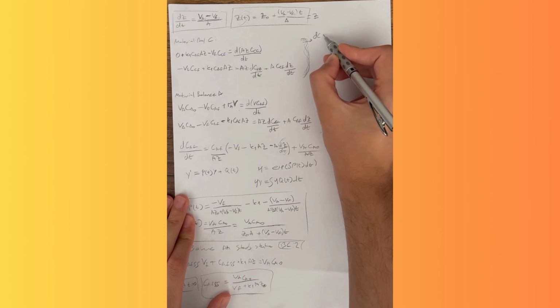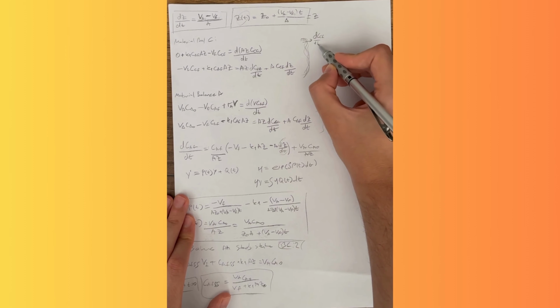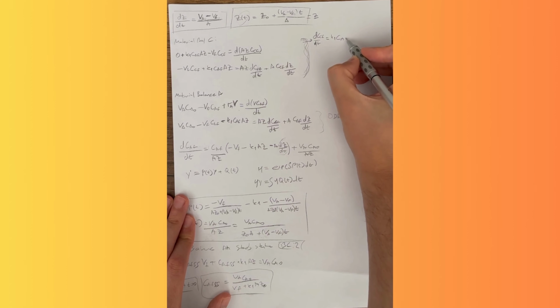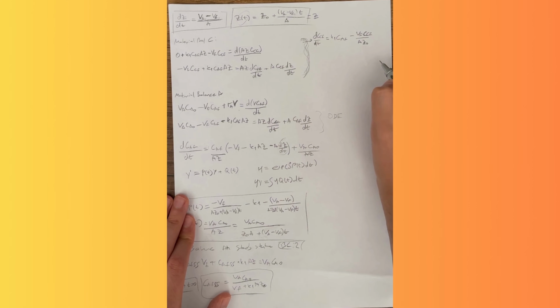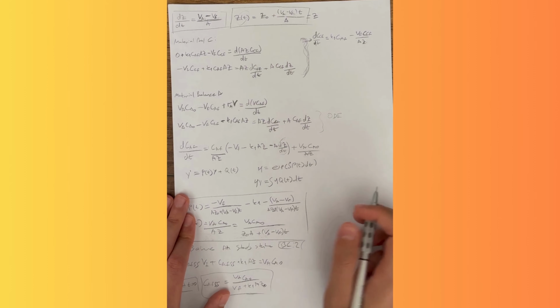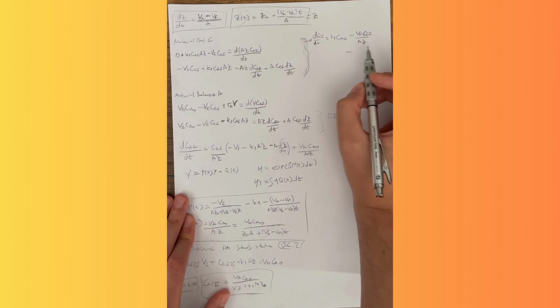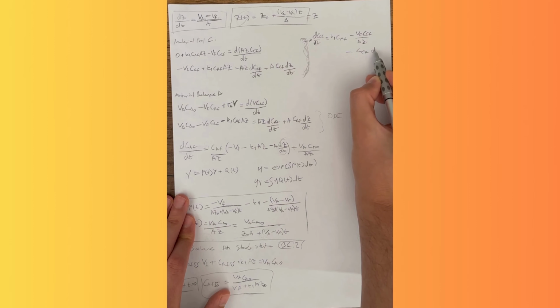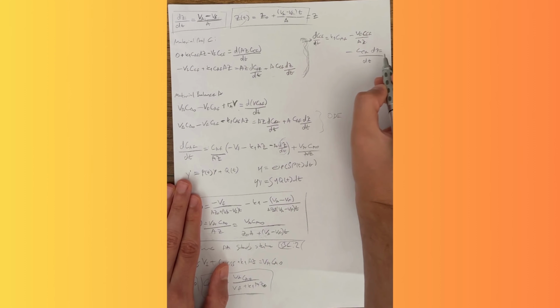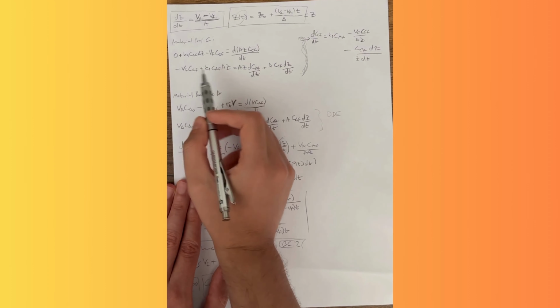Let's make it dCCF over dt equal to K1 CAF minus VF CCF over AZ, it's a function of Z, and minus CCF dZ over dt over Z. I divided both sides by AZ.